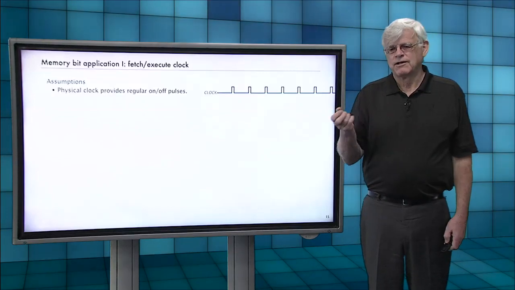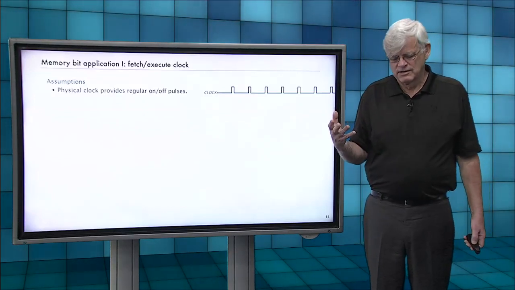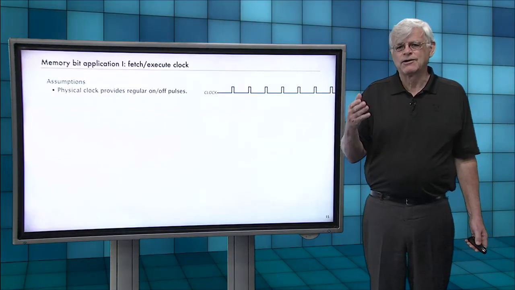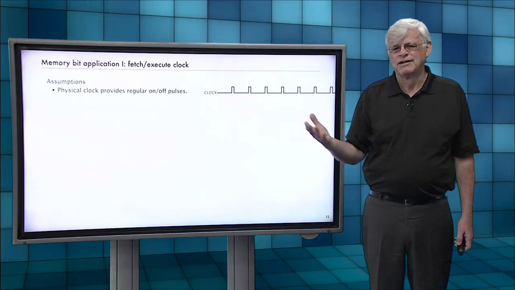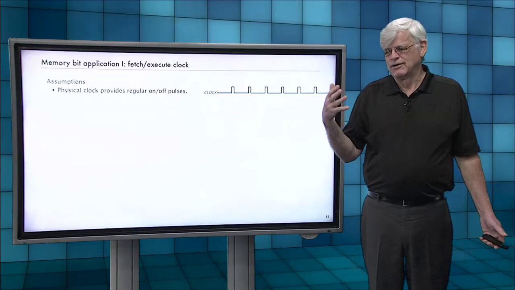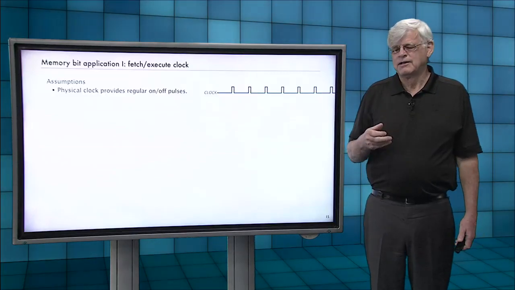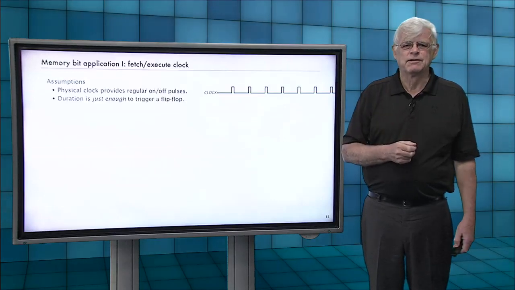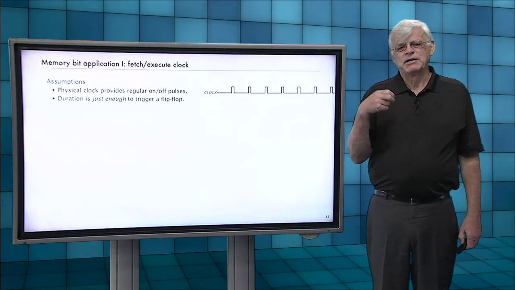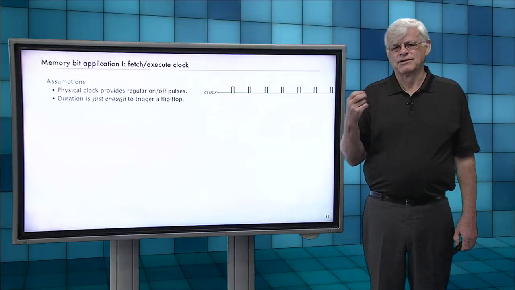So we have another assumption about the physical world, and that is that we can get a regular on-off pulse from the physical world somewhere. Even von Neumann needed this and imagined it in terms of oscillations of some physical material. And we make two assumptions about our clock signal.